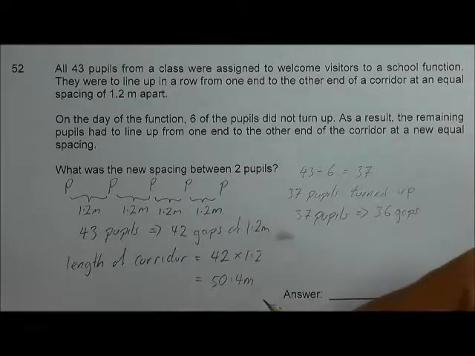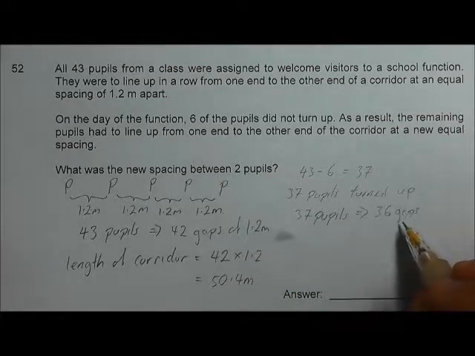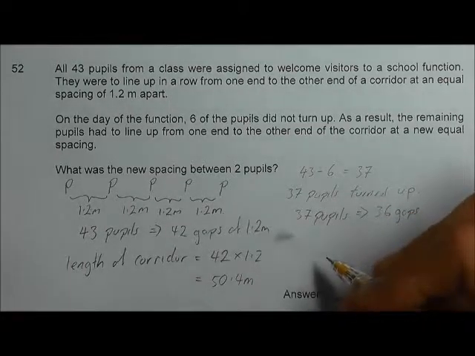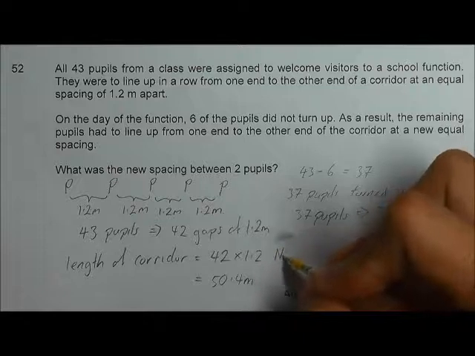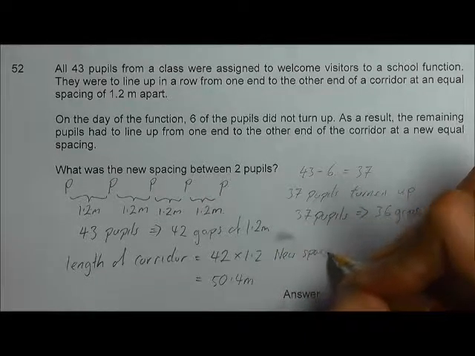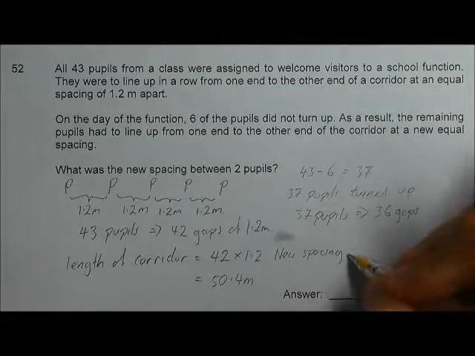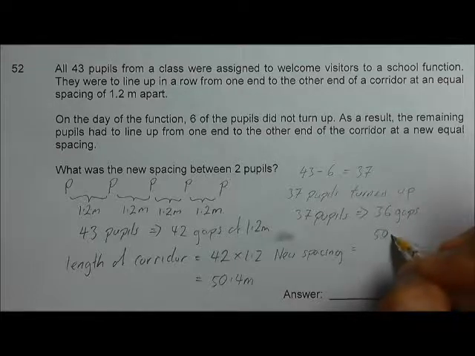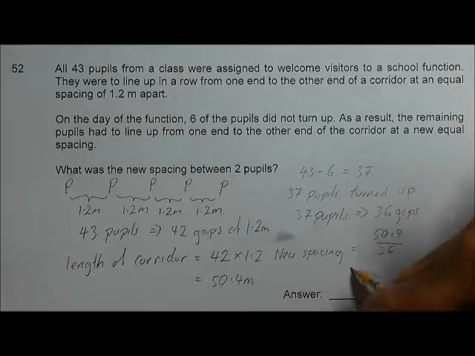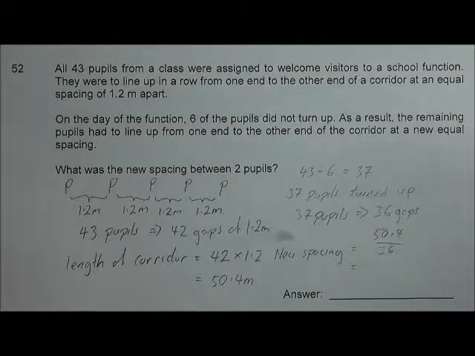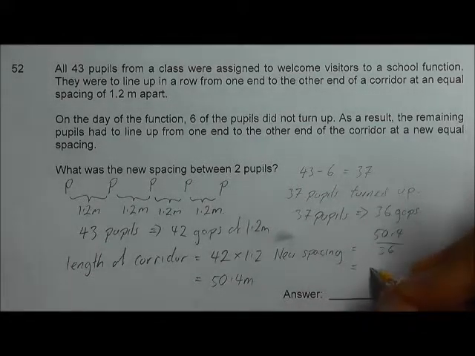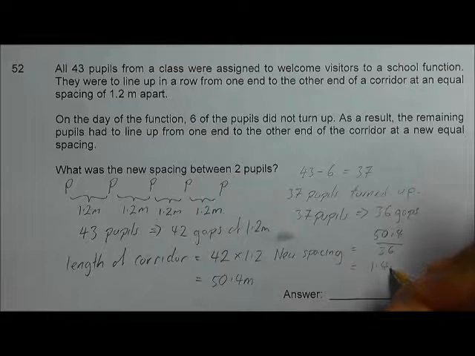So we have to distribute 50.4 meters equally among these 36 gaps. So the new spacing will be 50.4 divided by 36. So we will get 1.4 meters.